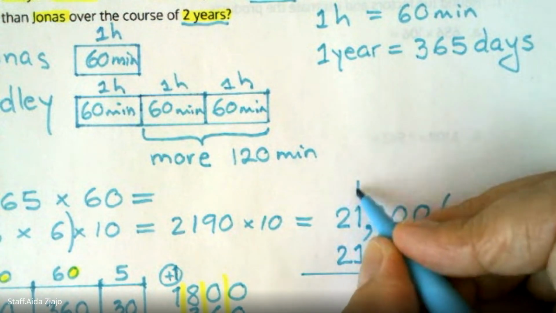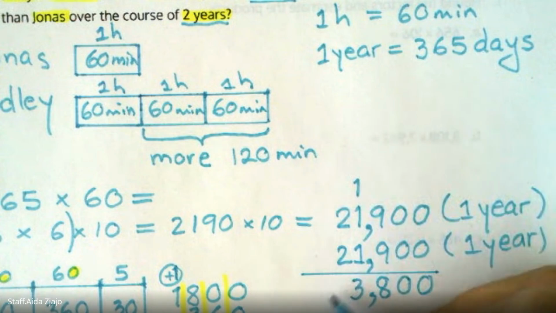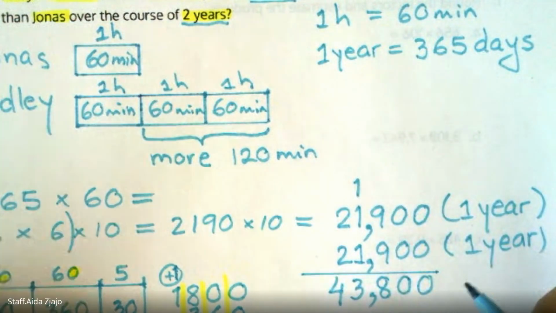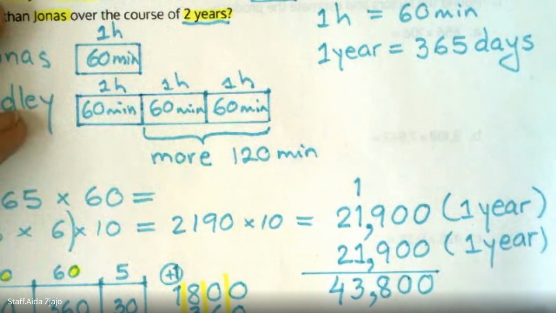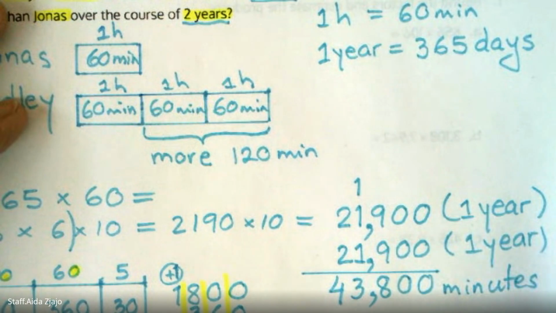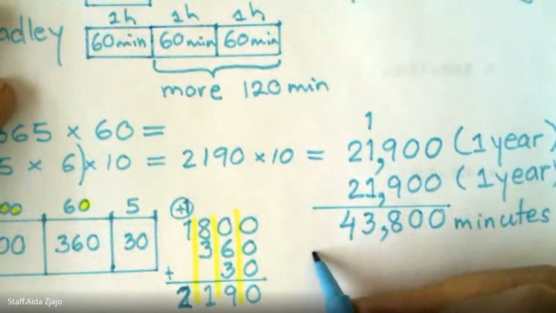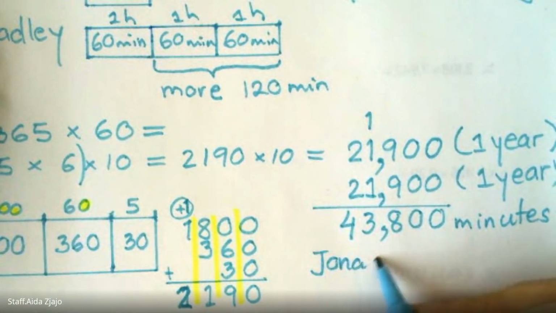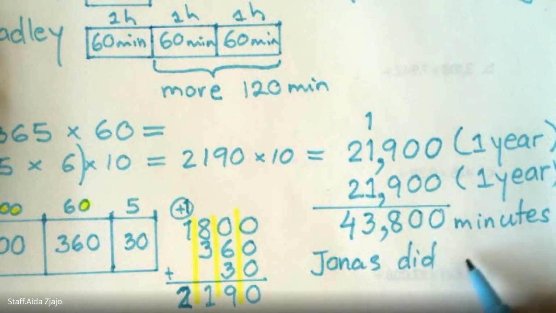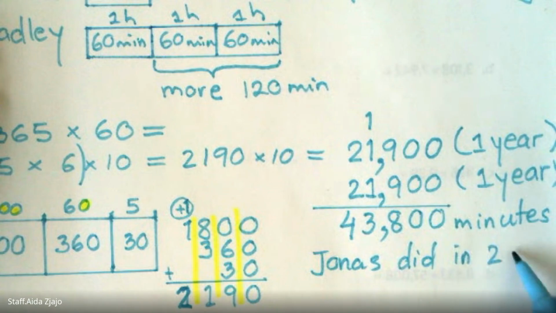Remember 1. That is 3. So 43,800 minutes Jonas did in 2 years.